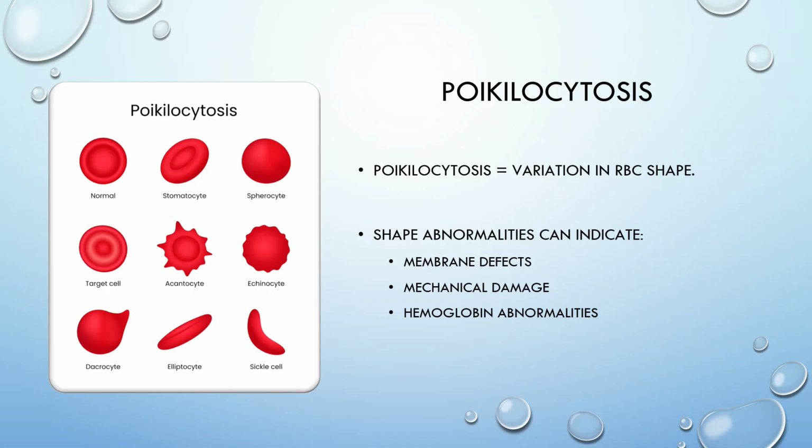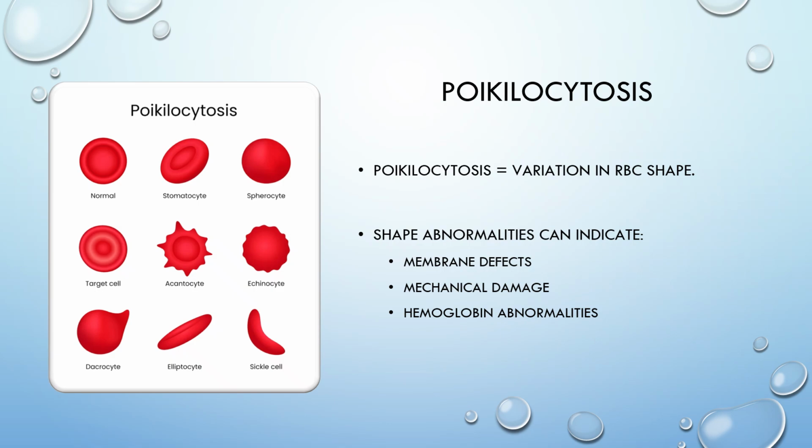Now, an important point for laboratory interpretation: seeing one abnormal cell occasionally does not necessarily mean pathology. Even perfectly normal blood smears may contain a small number of oddly shaped cells due to slide preparation artifacts, mechanical stress, or aging of the specimen. What we're really evaluating is the overall pattern and frequency of these abnormal shapes.